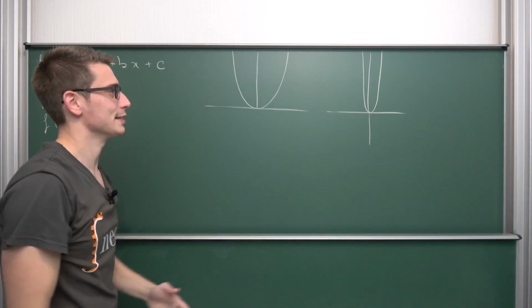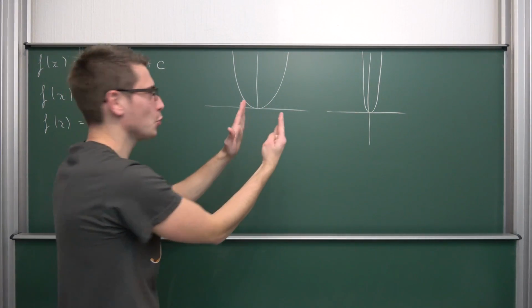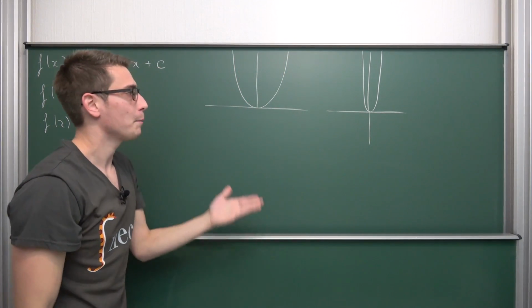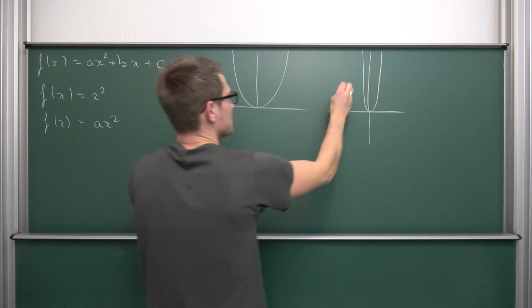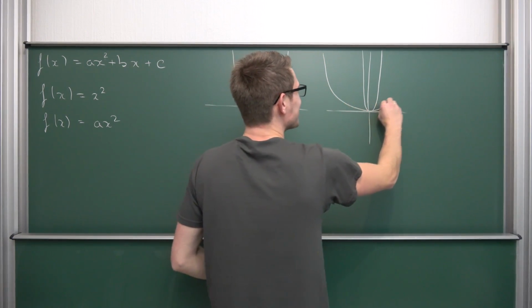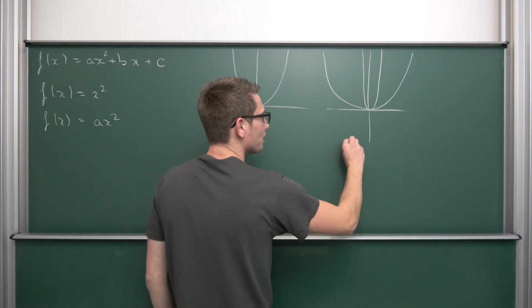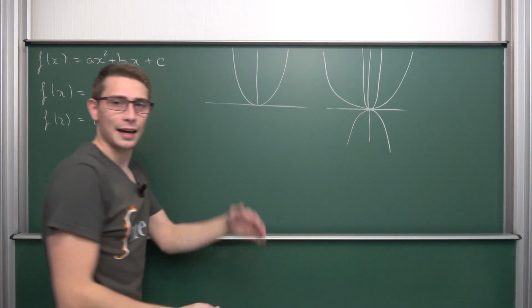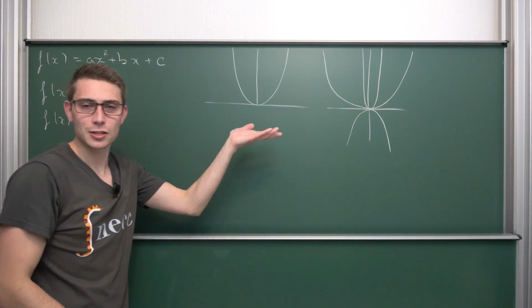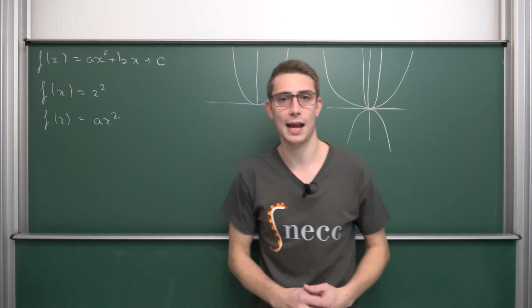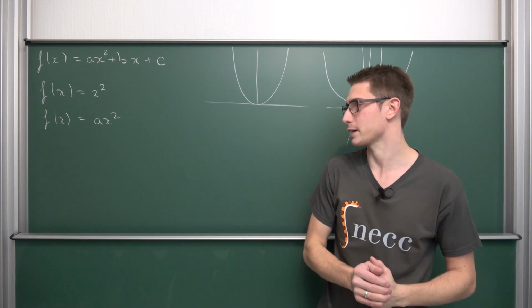This thing right here is kind of squished together, from this fat guy to this really small guy. But we can also have really fat ones. We can also have functions like this right here. Or we can get a bit more creative and get something like this. And those are functions which can happen by putting different values for a in front of our x squared.